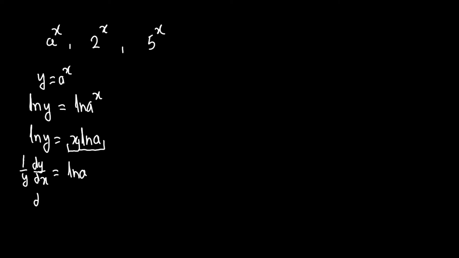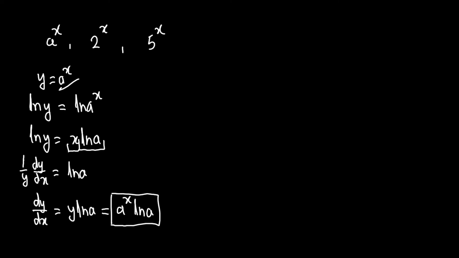Then dy by dx equals y ln a. Y is what we considered, a to the power x, so it turns to a to the power x ln a. This is our differentiation of a to the power x.